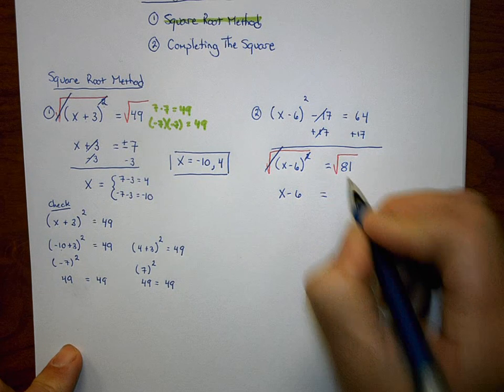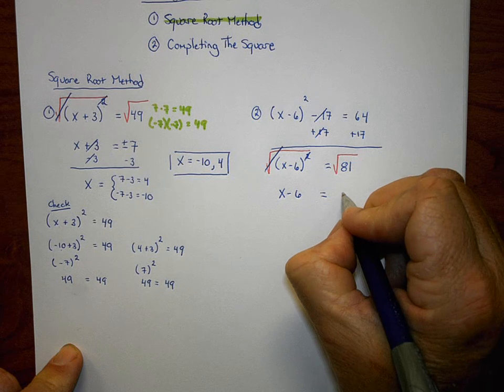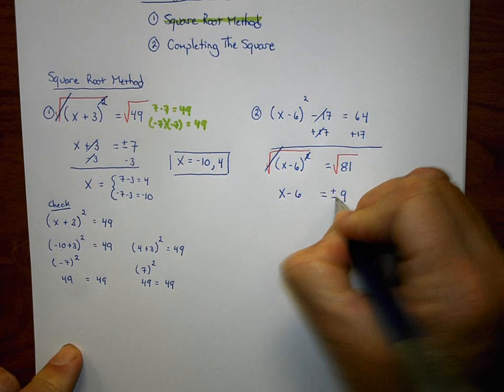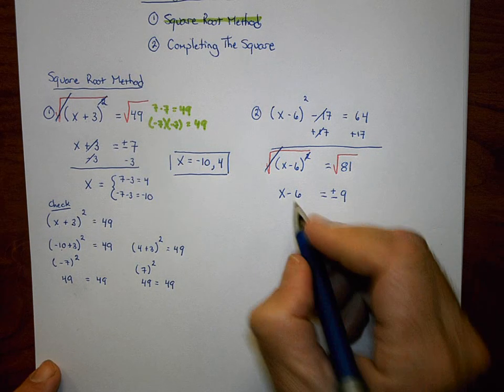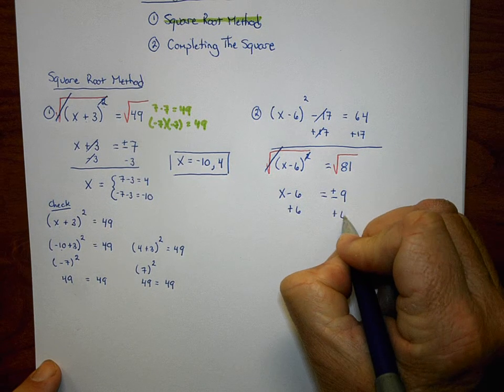And then I'm going to take the actual square root of 81. And remember, we know that it's 9, but it's not just positive 9, it's positive and negative 9. So the square root of 81 is positive and negative 9. Continuing to solve this equation, I'm going to add 6 to both sides of the equation.